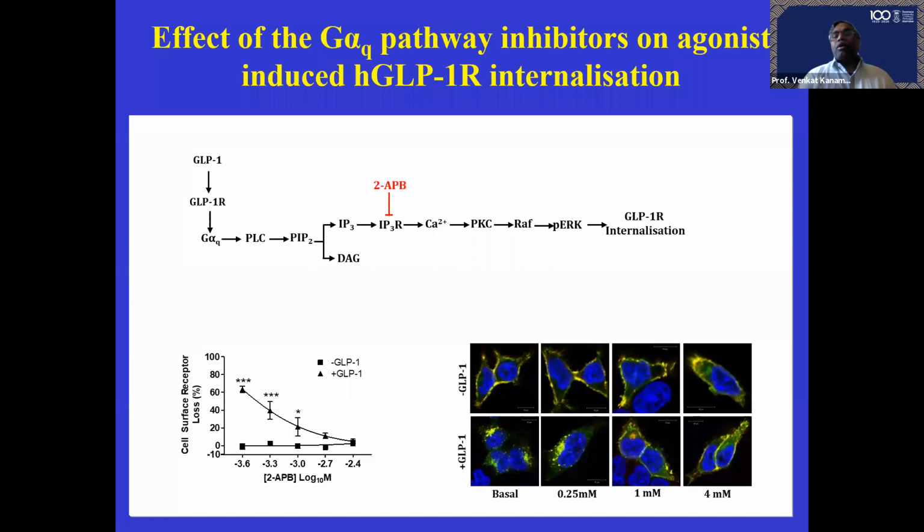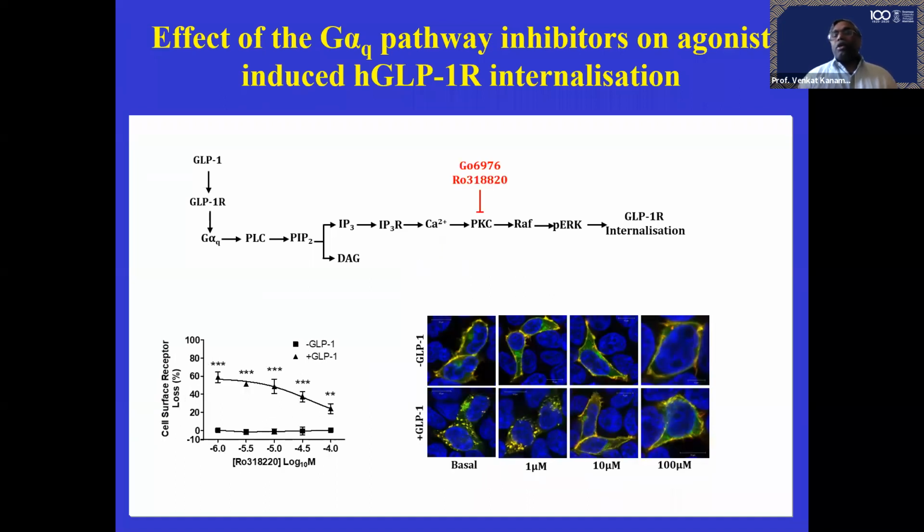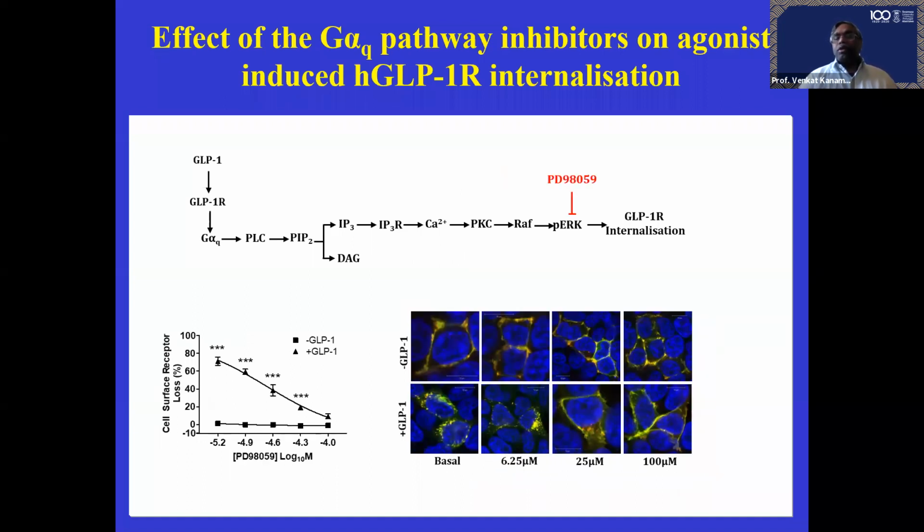Then when we treated with the IP3 receptor inhibitor, or chelated cytosolic calcium, or inhibited PKC, we have seen a dose-dependent inhibition of the internalization. Similarly, ERK phosphorylation also caused this, indicating that GLP-1 receptor internalization is downstream of this pathway.